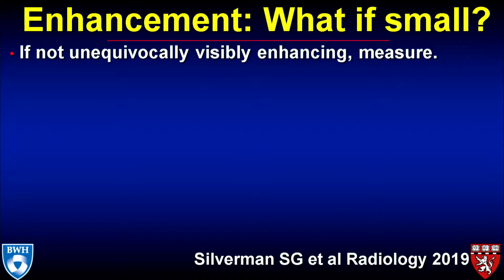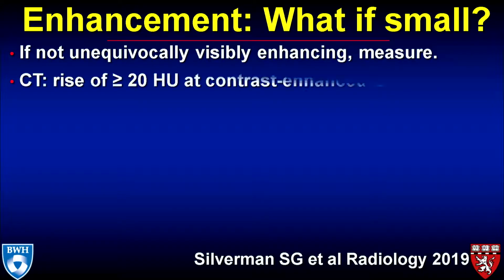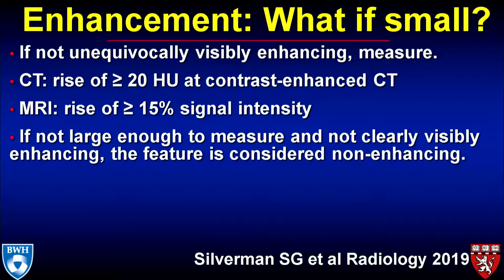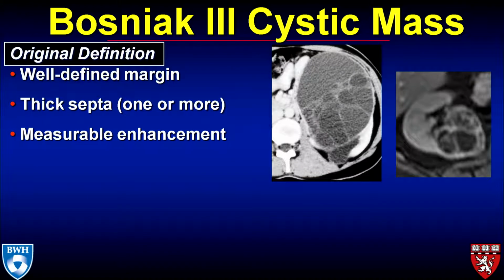Now, what if you're talking about a small thing here? If it's not unequivocally visibly enhancing, measure it using the standard criteria for enhancement, 20 Hounsfield units or greater delta on a contrast-enhanced CT, or 15% increase on MRI. If it's not large enough and not clearly visibly enhancing, the feature is non-enhancing, okay?